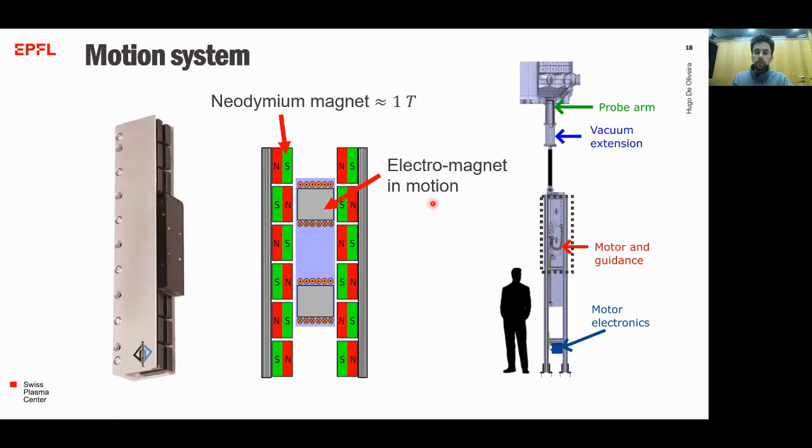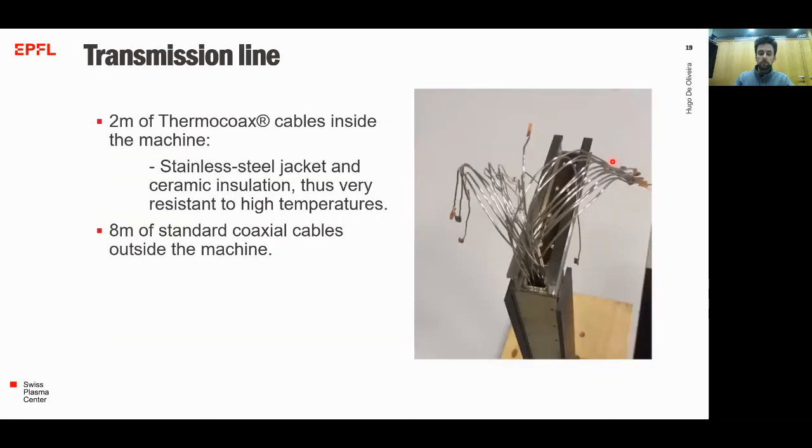The magnetic system still works even in the ambient magnetic field of TCV because the field given by those permanent magnets is about 10 times stronger than the magnetic field from the tokamak in this region. However, if this motor would have been within the toroidal volume of the coils, it would not have worked. So it works because it's outside of the toroidal coils.